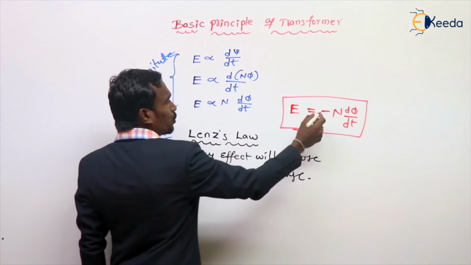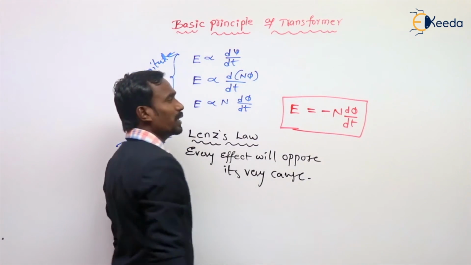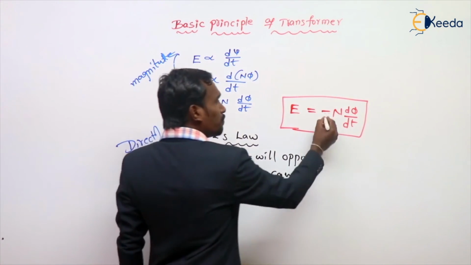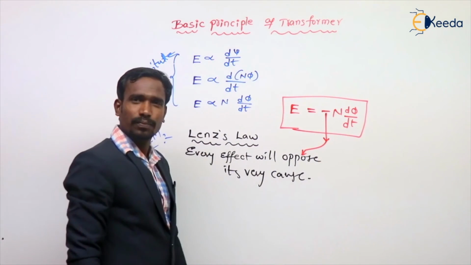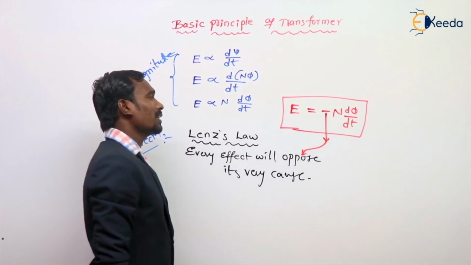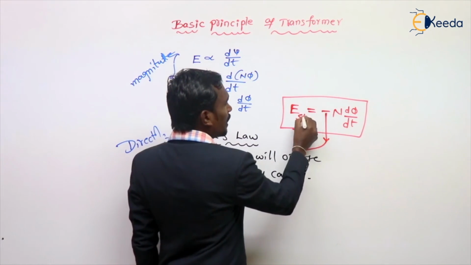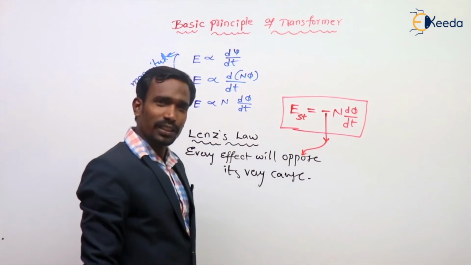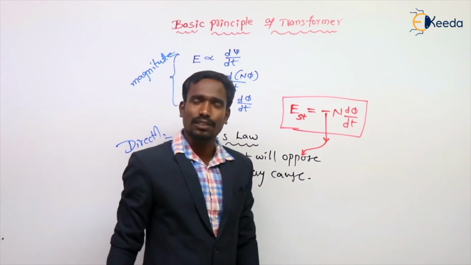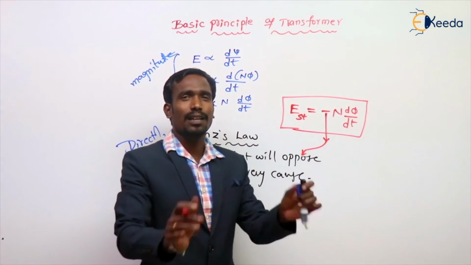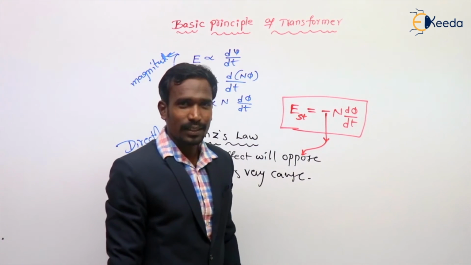E is equal to minus N into d phi by dt. According to Lenz's law, this minus represents the opposite direction. This is simply the basic principle of the transformer. This is the conclusion. Okay? Thank you.